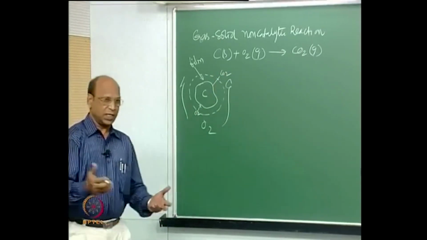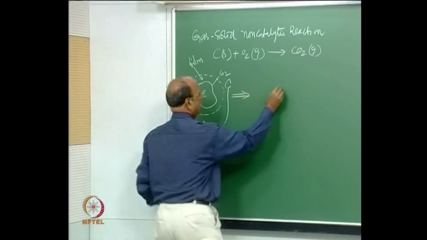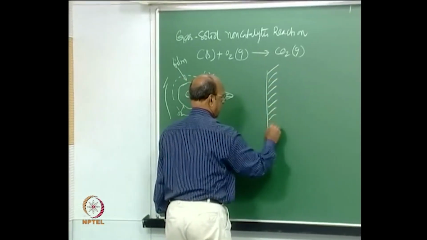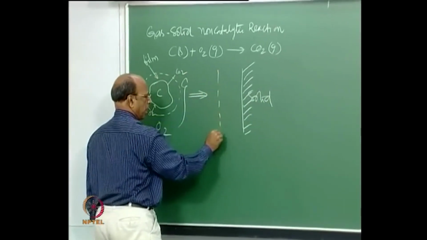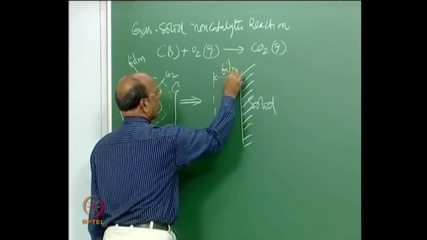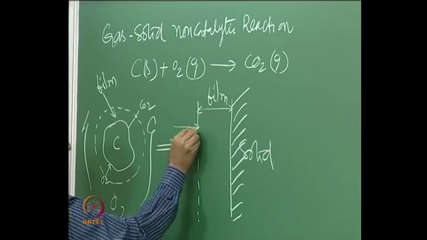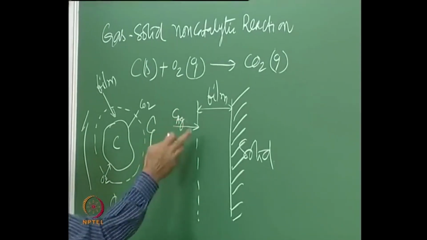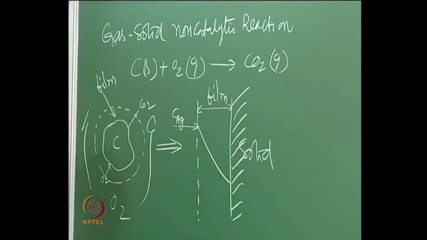We have also written the equations. This can also be modeled like this: the solid, this is the film, the gas film, and then if I draw the profiles, this is CAG, the concentration of oxygen in the gas phase. Then I may have something like this.